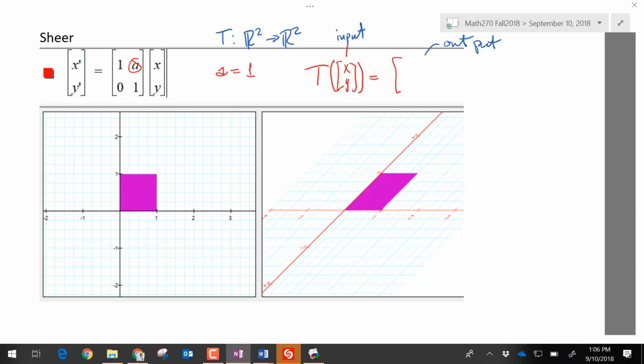And so what looks like happens here is that the x value looks like it stays pretty much the same, except the y values kind of shift. So let's see, how can we represent that? And how far does the y value shift, I wonder? Let's take a look at a couple of vectors.